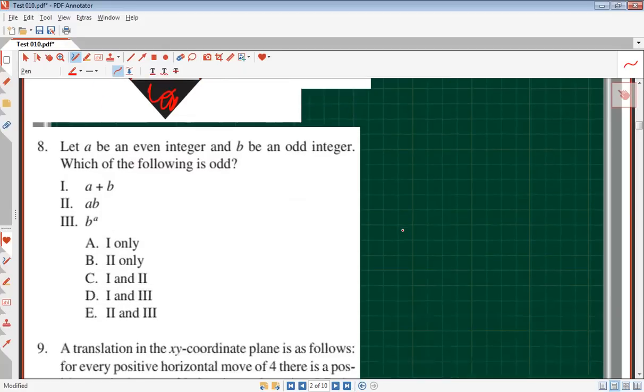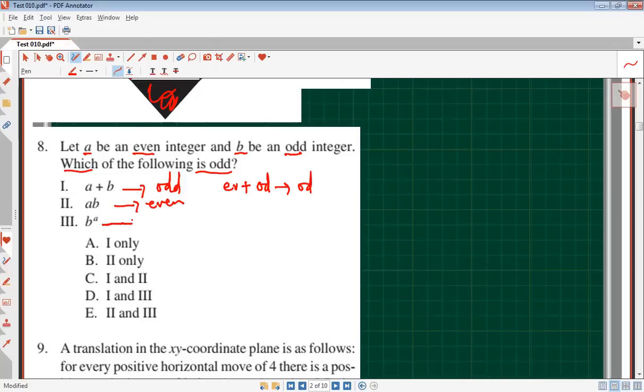Question number 8. A even and B odd. Which is odd? A plus B must be odd, because we know that even plus odd must be odd. A times B must be even.